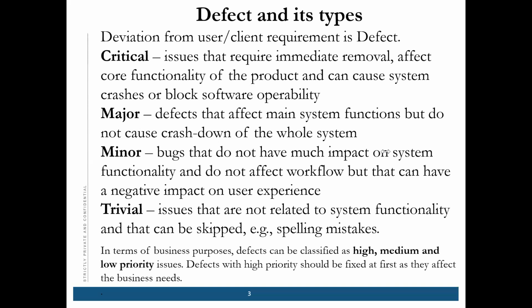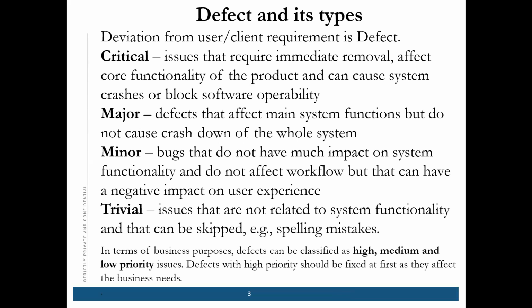Trivial is an issue not related to system functionality that can be skipped, for example spelling mistakes. In terms of business purpose, defects can be classified as high, medium, and low priority issues. Defects with high priority should be fixed first as they affect the business need.